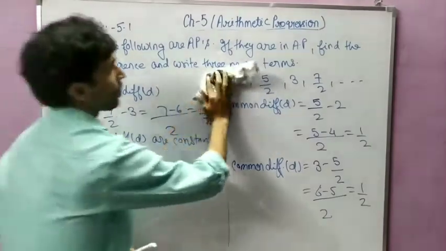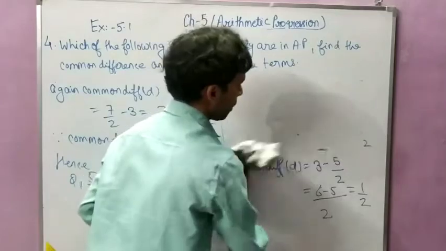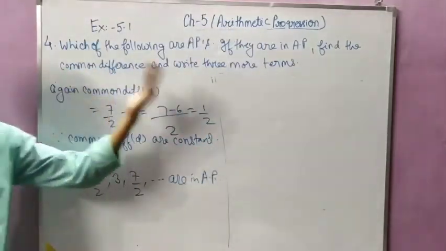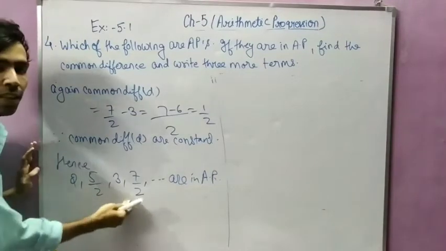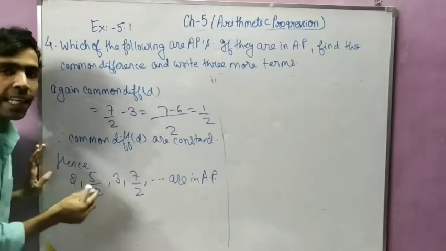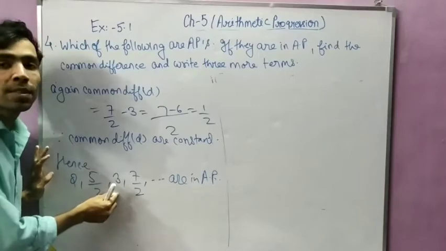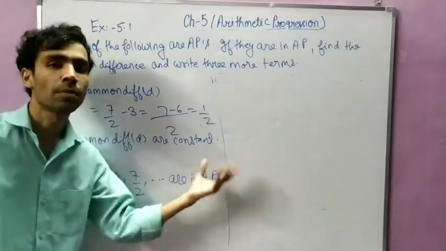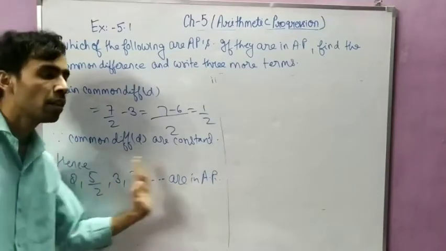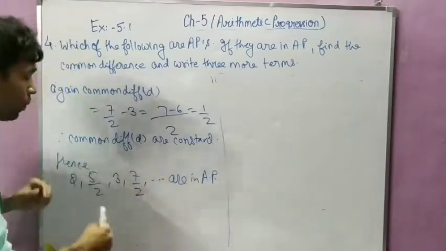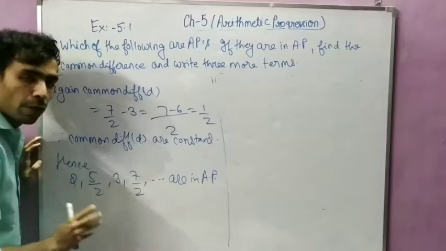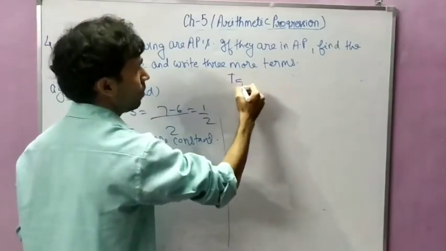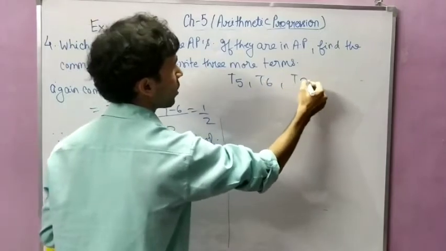Now student, if they are in AP, then we have to write 3 more terms. The first 4 terms are given, na. The first term is 2, the second term is 5 by 2, the third term is 3, the fourth term is 7 by 2. Now we have to write 3 more terms, whatever terms come after this. Four terms are given, so we have to calculate the 5th term, 6th term and 7th term.